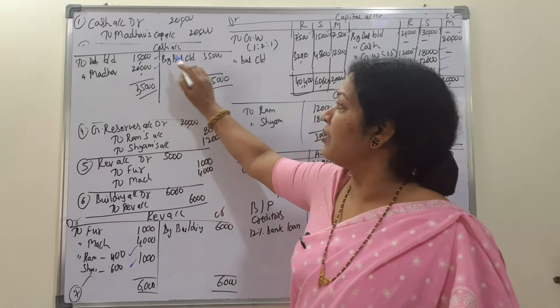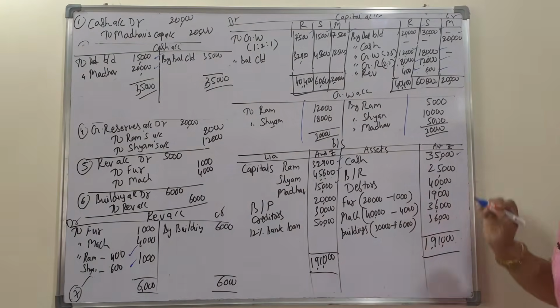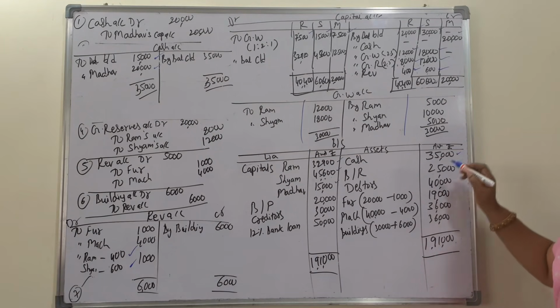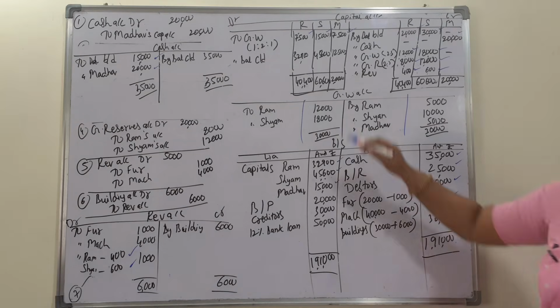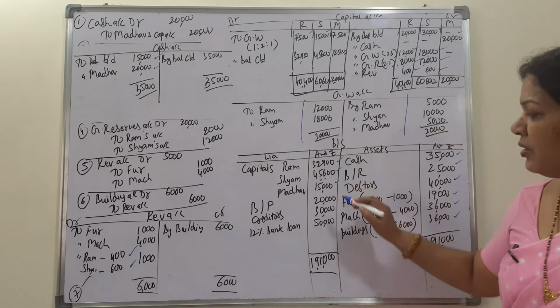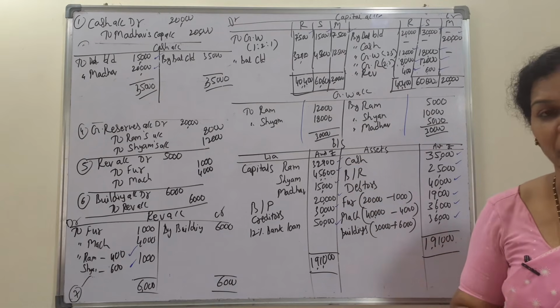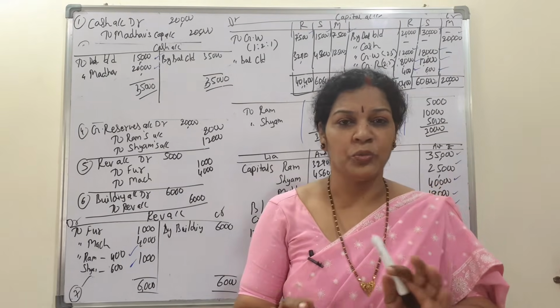So this is second entry. So both together 35,000. 35,000 we have written here, and rest of the things are given in the balance sheet: bills receivable, debtors, furniture with the depreciation, machinery also with the depreciation, buildings with appreciation, and the capitals we have already transferred, and bills payable, creditors, bank loan. This is already given in the balance sheet. That's all, simple problem. So here nothing to worry.